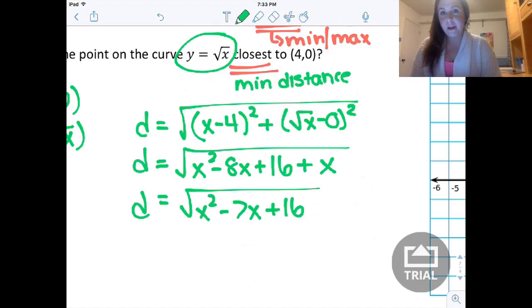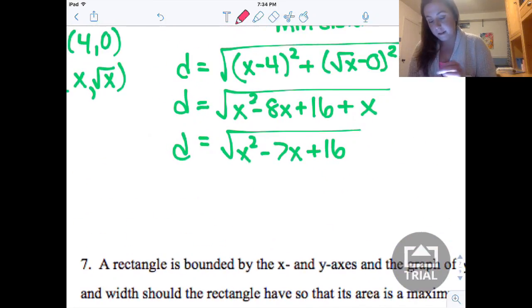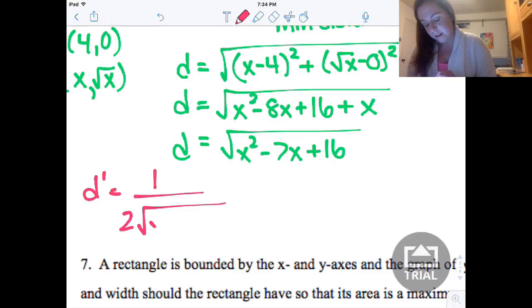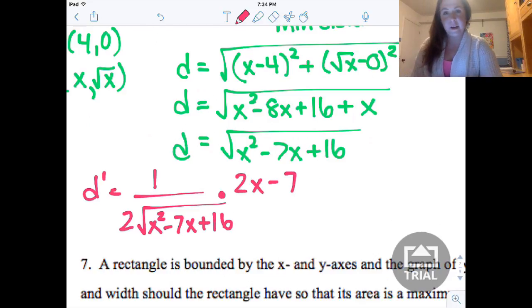And all that means is find a derivative, find the minimum. So, derivative of this. Okay, I'm going to take the derivative of this. So this would be 1 over 2 radical x squared minus 7x plus 16 times the derivative on the inside, which is just 2x minus 7.